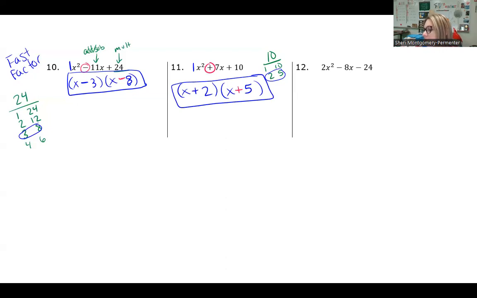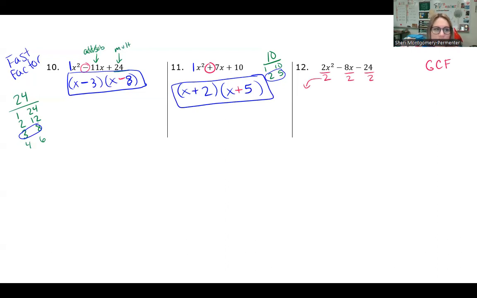For question number 12, is the leading coefficient 1? No. So we have to do a GCF. Is there a number that every coefficient can divide by? They can all divide by 2, so we will divide by 2.